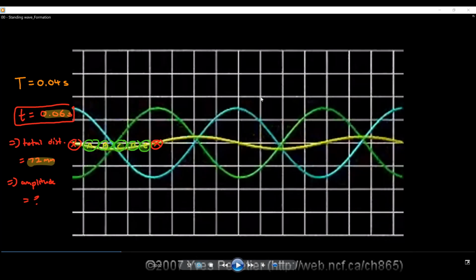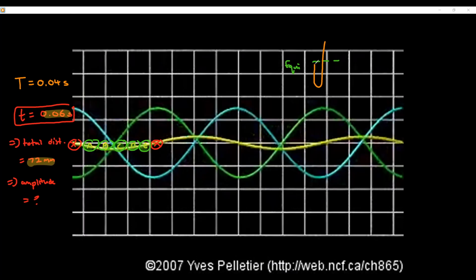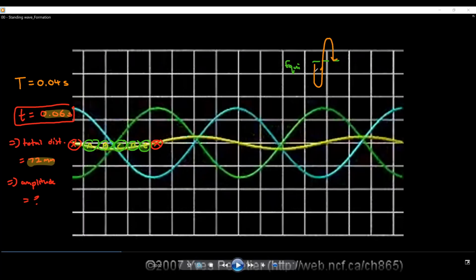For any of these individual particles, if this one was the equilibrium, if they were to complete one oscillation, they will go down like this before going back up to equilibrium, and then going up to a new amplitude before going back down to the equilibrium position again. This is what makes one cycle.